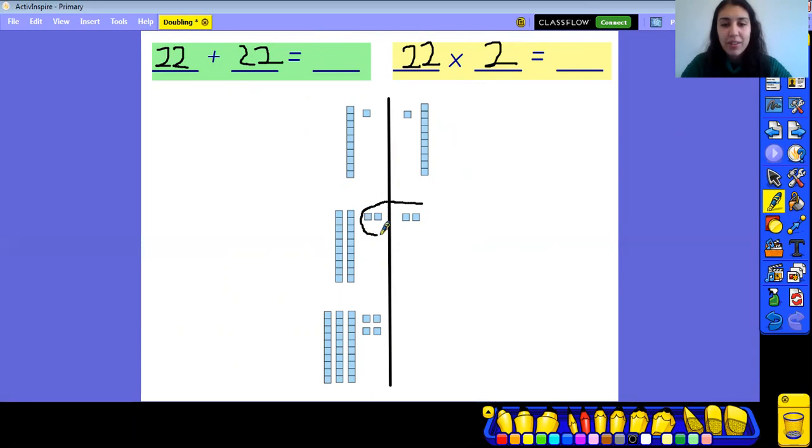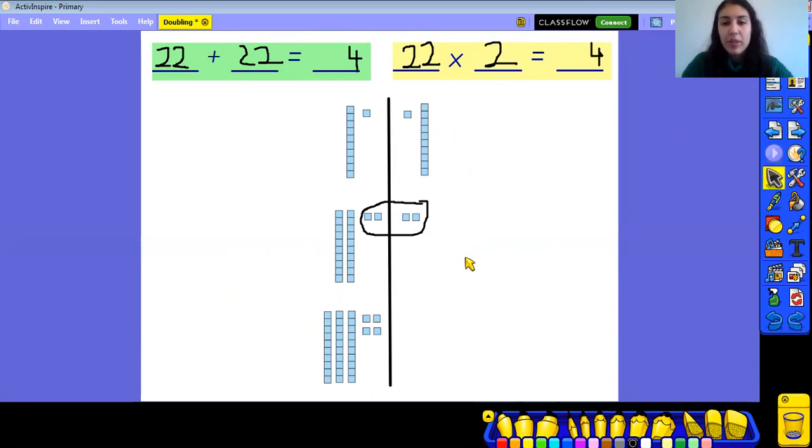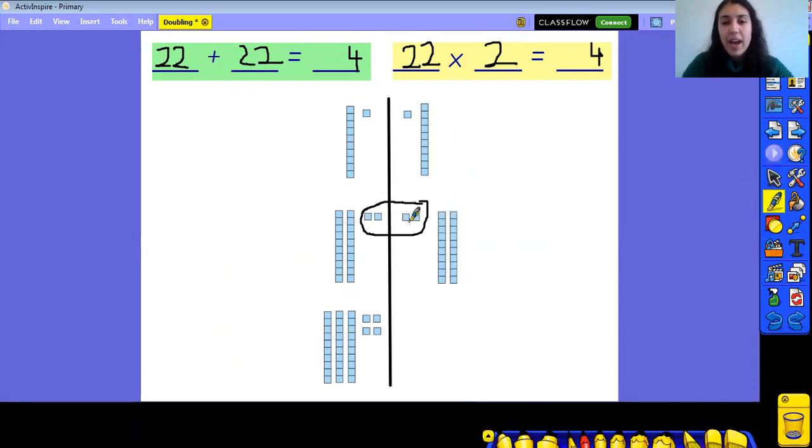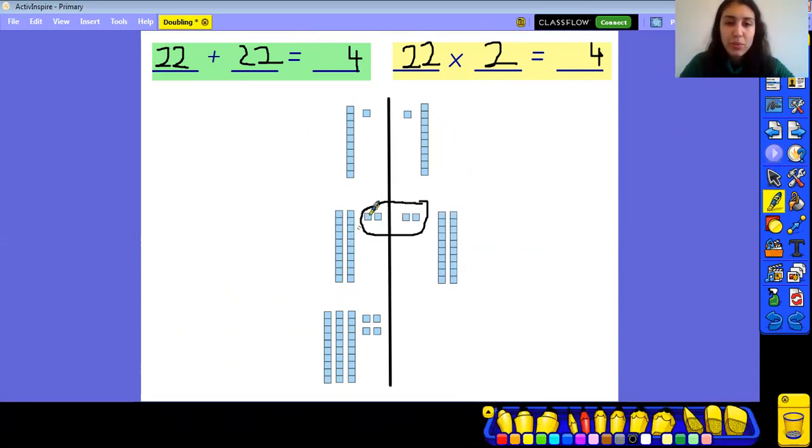So that gives us 4 1s. And then if we double our 10s, now how many 10s do we have? Well, 2 10s doubled is 4 10s. So that means it's 40. So double 22 is 44.